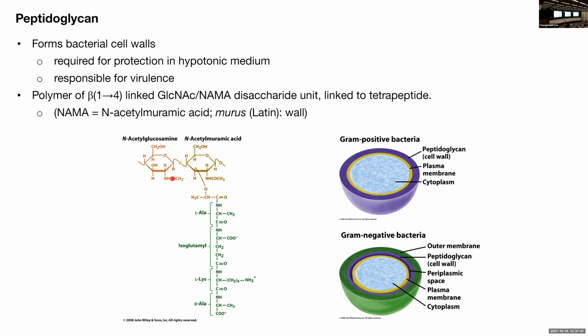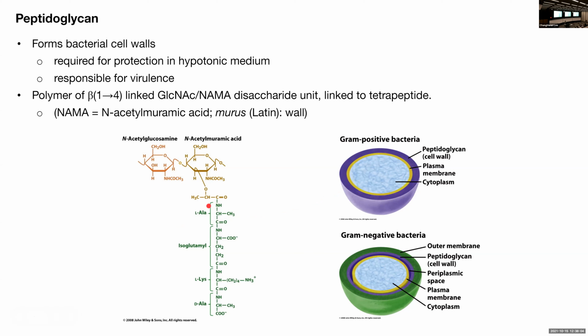Instead of having the hydroxyl, it has this amino-like group. And also there's NAM, which is N-acetylmuramic acid, and this mura means wall. So it's basically named because it has been used for the cell wall here.